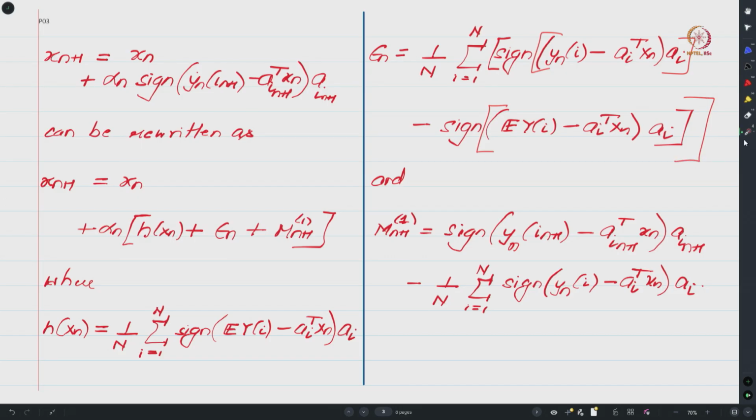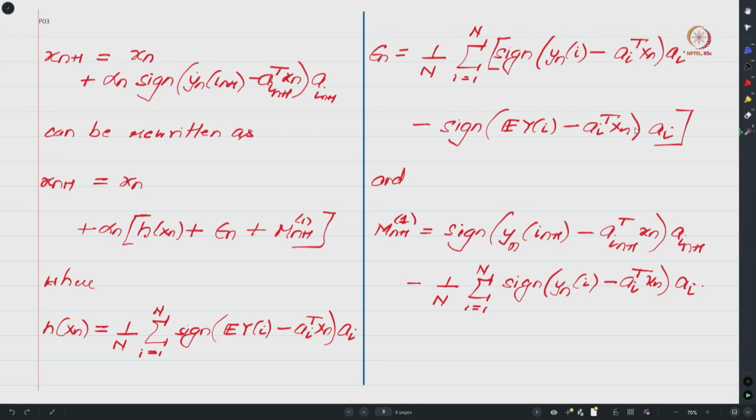Sorry, I think I made a mistake. What was there before is correct, okay, sorry about that. So this is a scalar, so we look at the sign of this expression, this is a scalar, we look at the sign of this expression, and these a_i's are vectors. I apologize for that mistake.